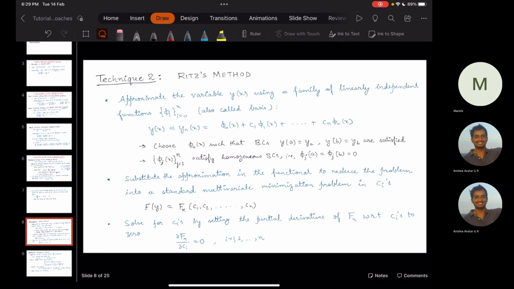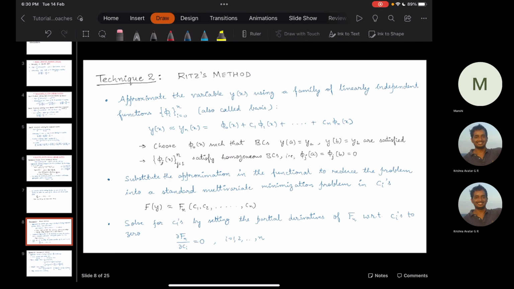I am sure you may have heard of this term, basis, if you have studied linear algebra. We often say it is a set of functions using which we can span an entire vector space. So that's what we call a basis.